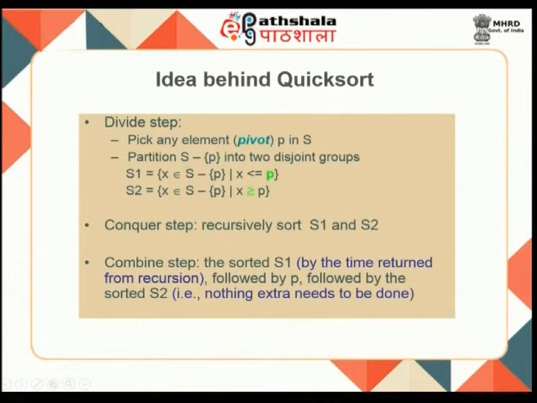So, in the division step, unlike merge sort, where the division is carried out in an even manner, in quicksort the division is carried out using the pivotal element like this. Once we have the division, we can conquer by repeatedly sorting S1 and S2 using the same concept, and once this is over, we can combine everything.